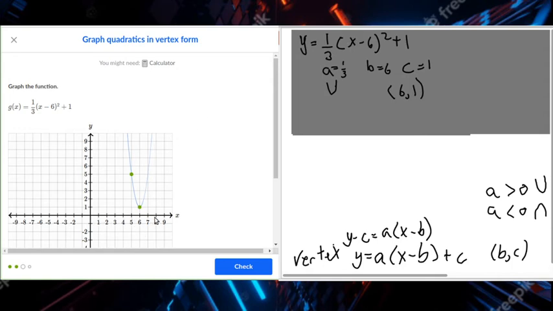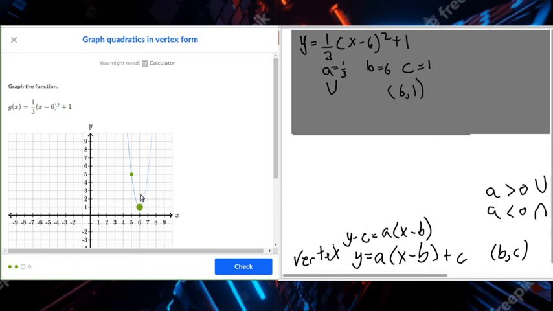So I can't really check for y equals 0. x equals 0 is too far away. So why don't I try 5? 5 is a close one. Oh, it's going to give me a half. I don't want a half. How about I try 4 then? 4 minus 6 is negative 2, squared is 4, over 3.